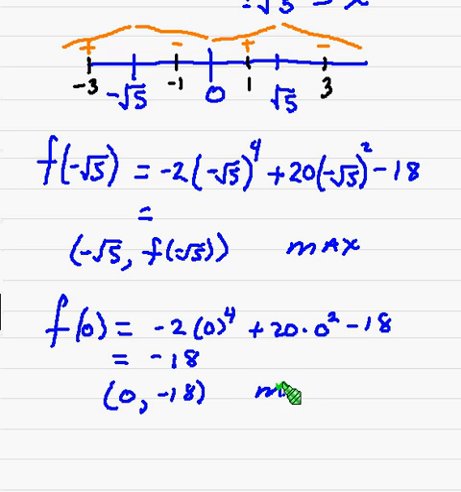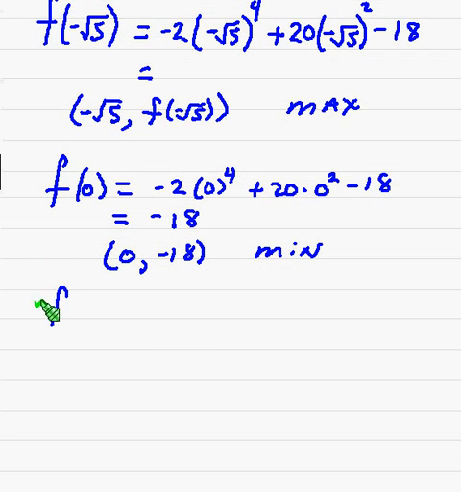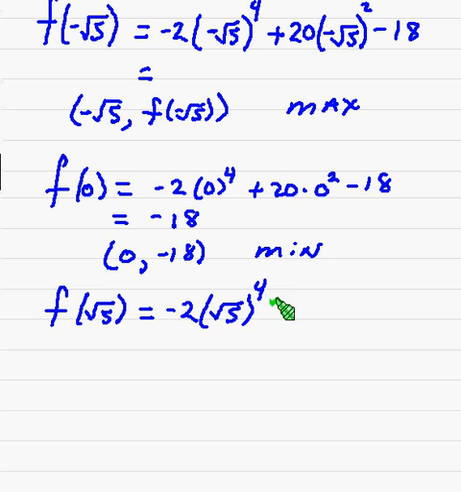So f of the square root of 5 is equal to negative 2 times the square root of 5 to the 4th plus 20 times square root of 5 squared minus 18. I'll let you work that out. And so we have the square root of 5, comma, whatever f of the square root of 5 is goes right there. By looking at this, you can see it is a maximum.